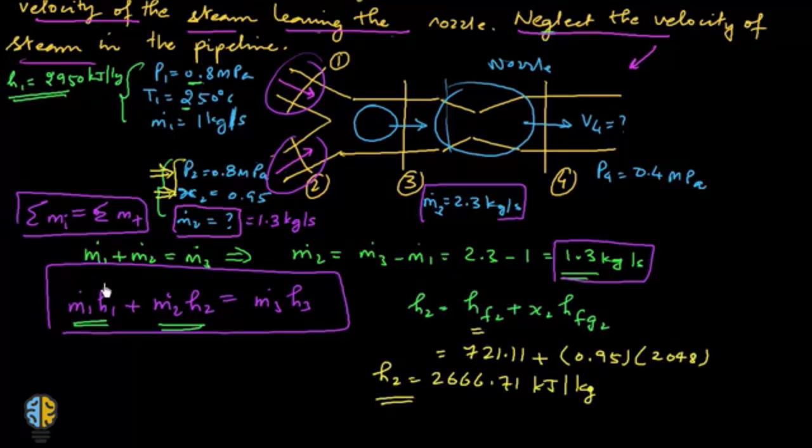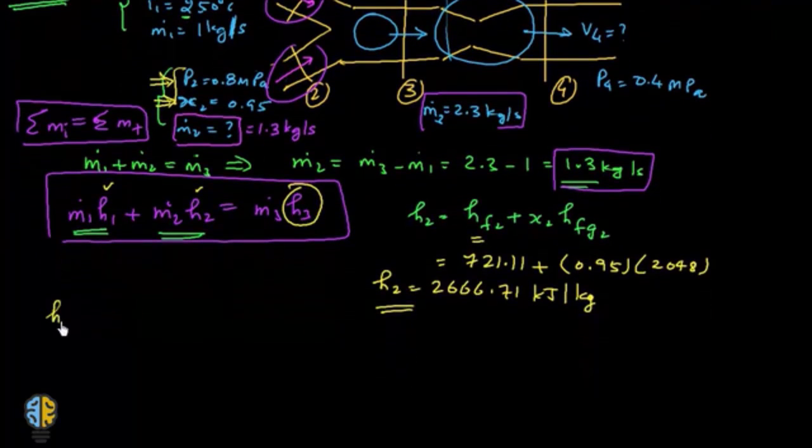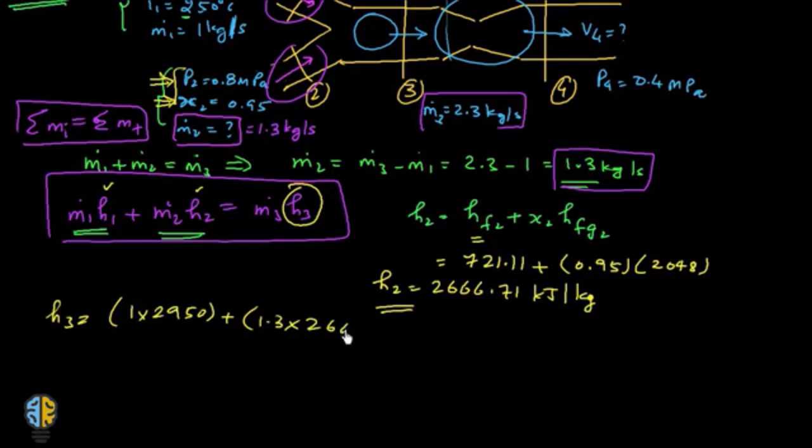So now if you put in the values of h1 and h2 over here, we can find out h3. This is the condition after the mixing of the two streams. So h3 will be equal to 1 into h1, which is 2950, plus 1.3 into h2, which is 2666.71, divided by m3, which is 2.3.